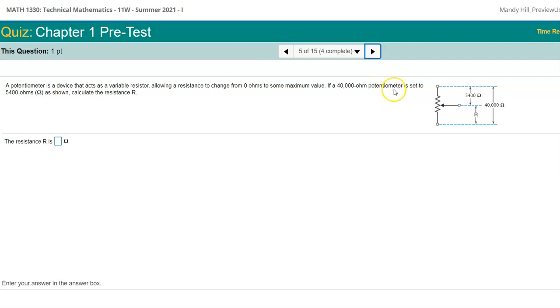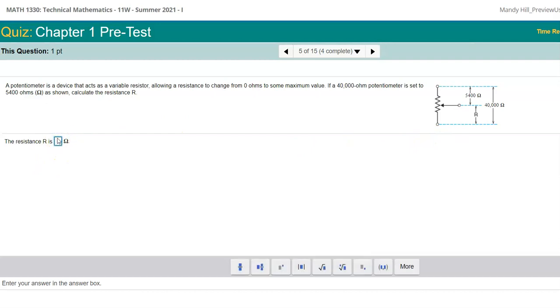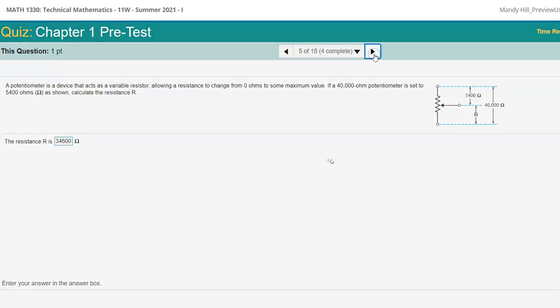We're going to need to take our 40,000 and subtract off our 5,400. So 40,000 minus 5,400, we really only have a resistance of 34,600.